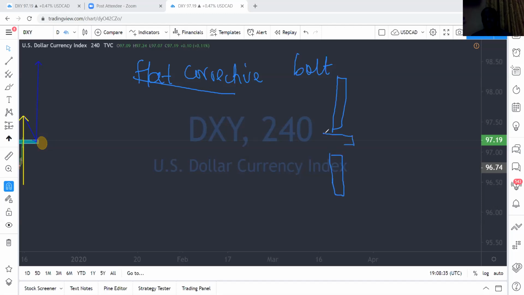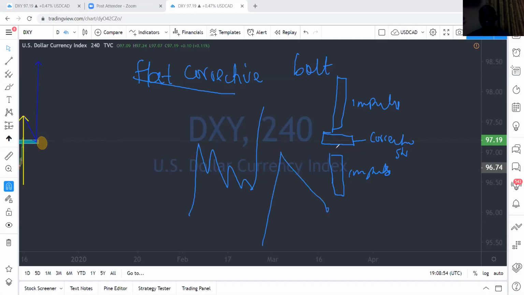There's a bolt that you use to fasten them together here. This bolt is the corrective structure. This is impulse, and this is impulse. The market always likes to move impulse, correction, impulse. This is how the market loves to move.